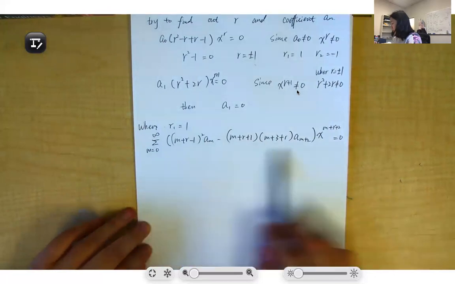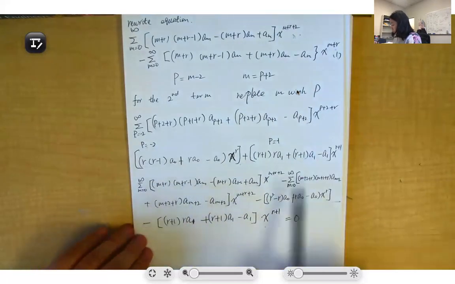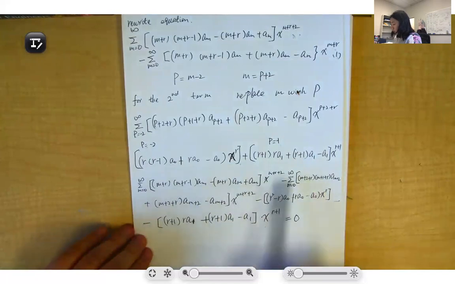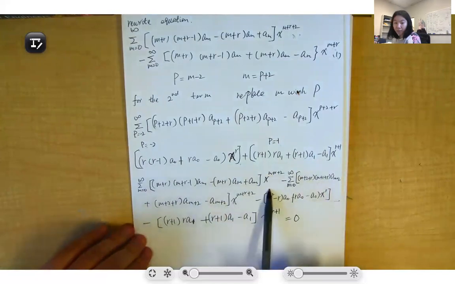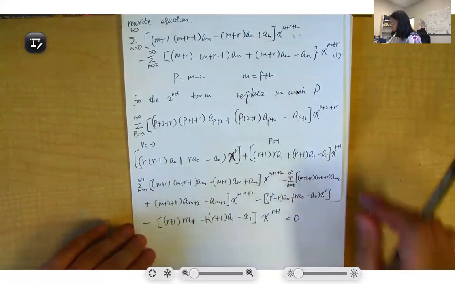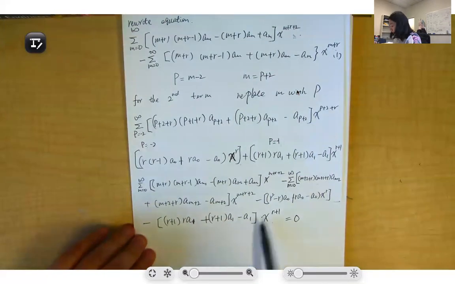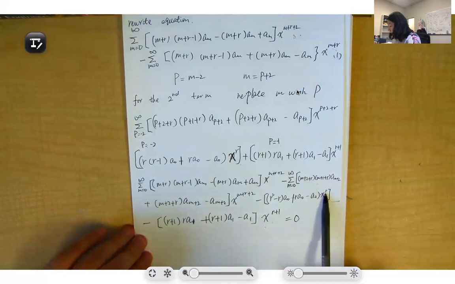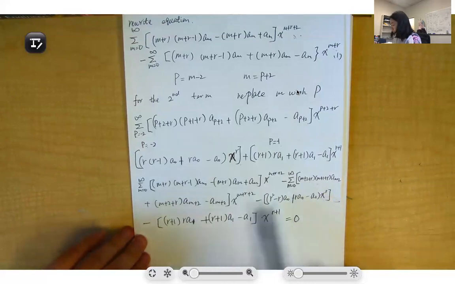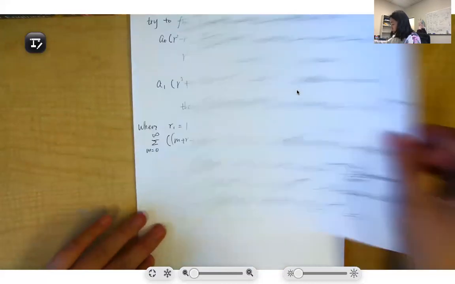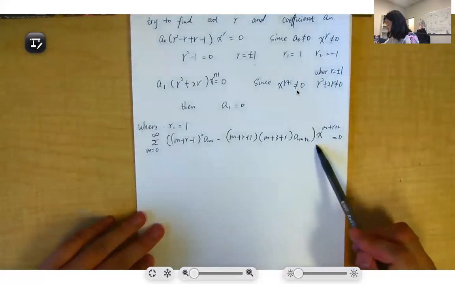So we combine these two terms because they all have the common term x to the m plus r plus 2. The other terms will be equal to 0 because here a1 equals 0, and here r equals 1. Then this power series becomes like this.